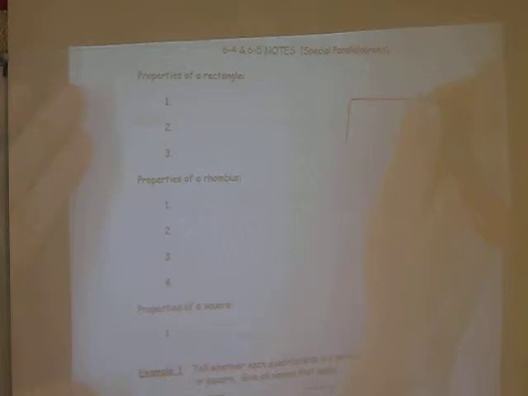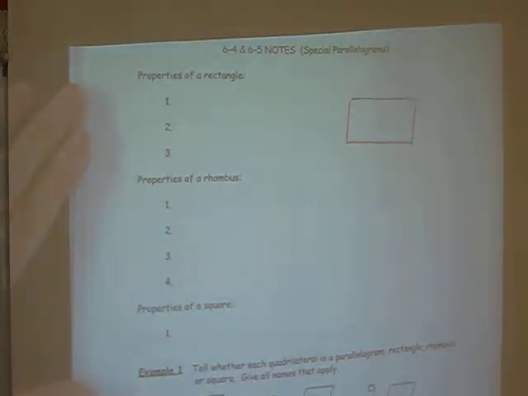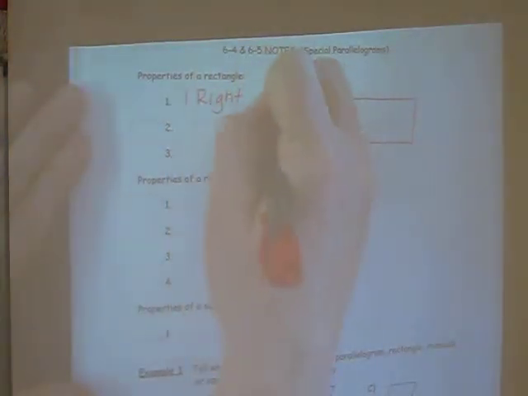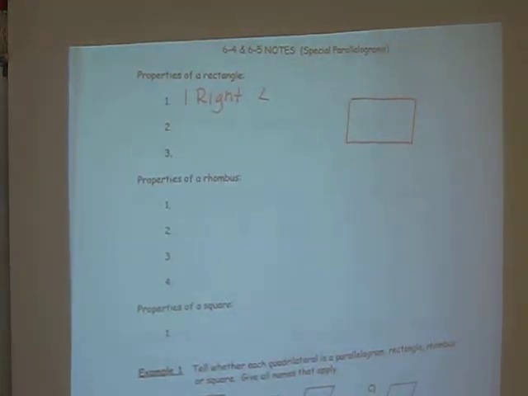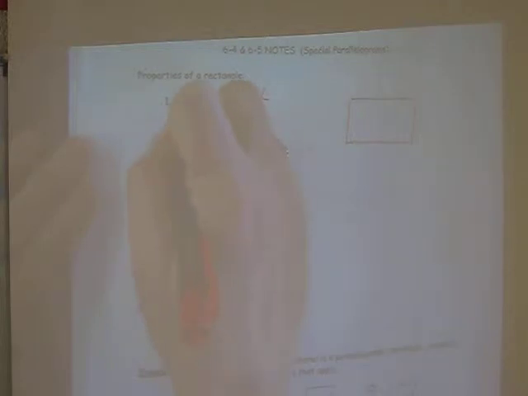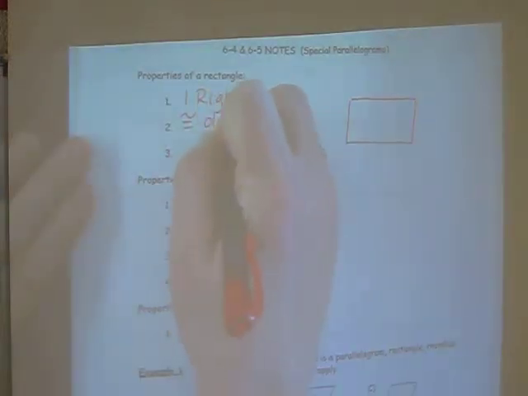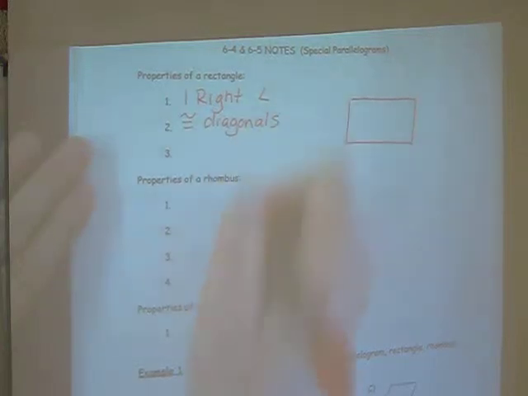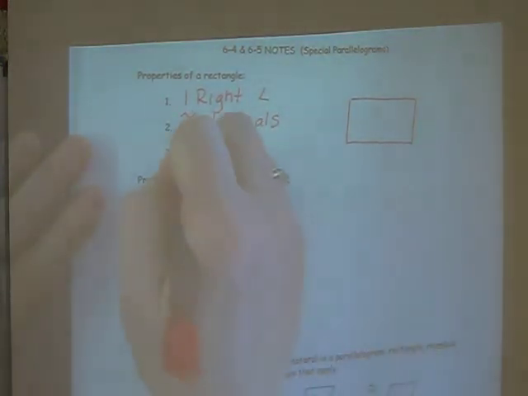Along with everything that's true for parallelograms, rectangles also have one right angle, and they also have congruent diagonals.